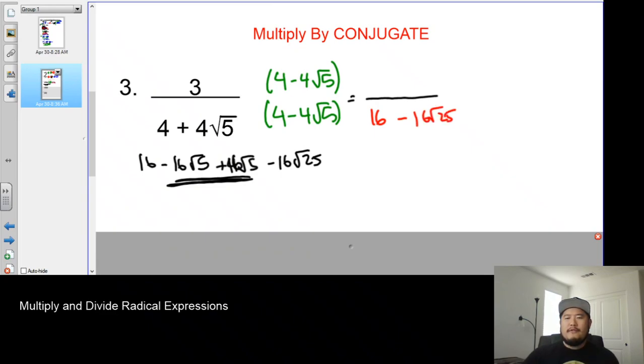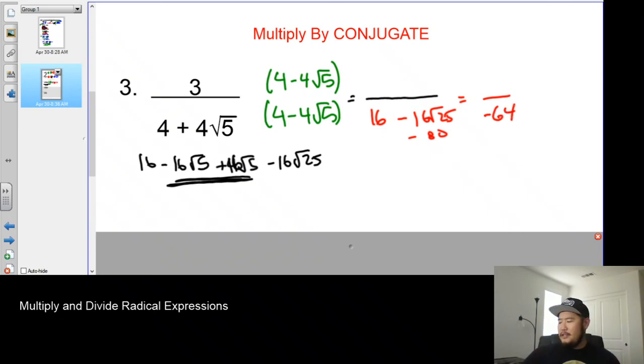The square root of 25 is 5. So let's take negative 16 and multiply that by 5, and we now end up with negative 80. So this becomes negative 80 right here. And so 16 minus 80 and you got negative 64.